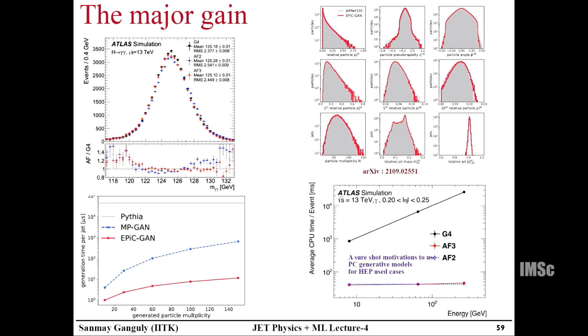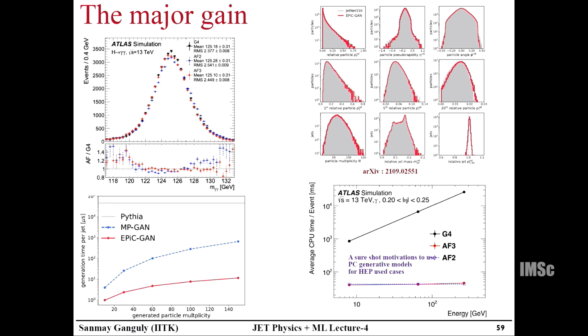Now, how are we gaining in terms of the CPU time? Here you see that when we simulate particles of higher and higher energy, when a higher-energy particle enters our detector, it creates more and more shower steps. So simulating them rises sort of exponentially with time. That's the demonstration.